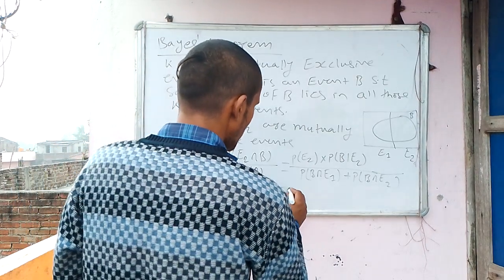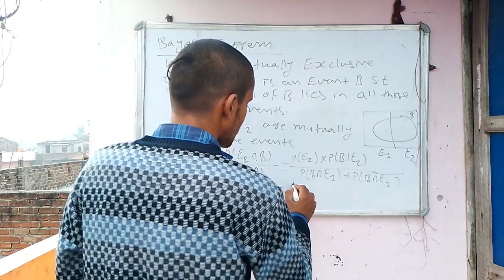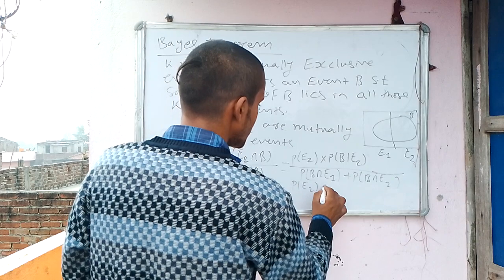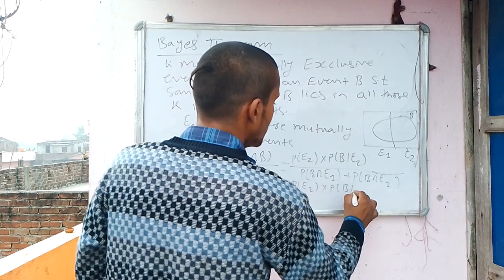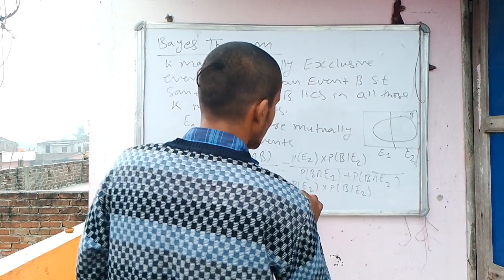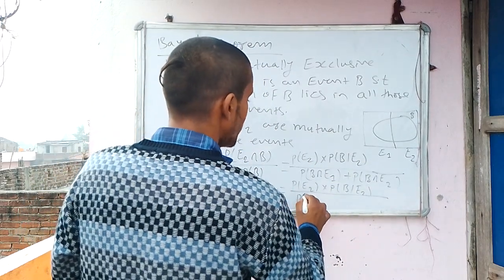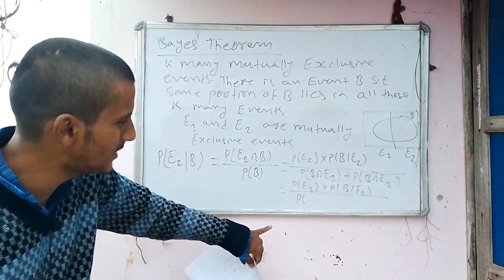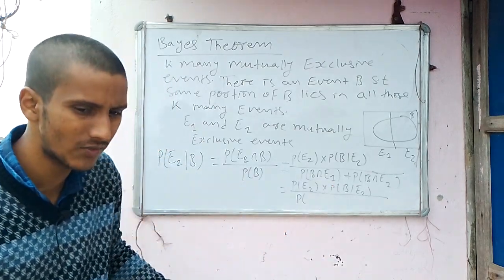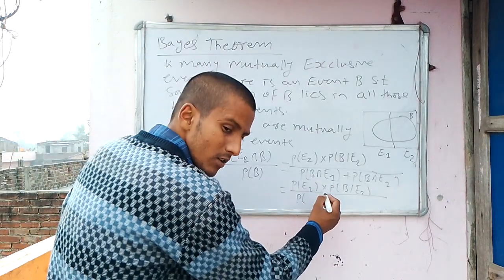Okay. And now if you expand this further, this is going to be probability of E2 times probability of B given E2 divided by what the denominator will be now. We can't write this as probability of B times probability of E1 given B because probability of B is not known. Does that make sense?